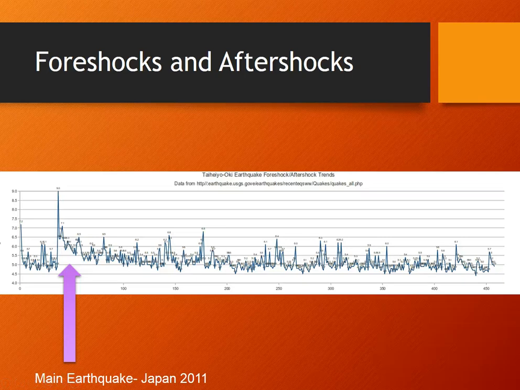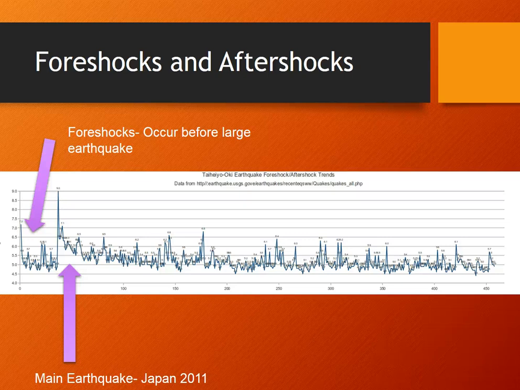But if you notice, there are earthquakes that happen right before that. These are called foreshocks. Those are little earthquakes that happen before a big earthquake. And if you've ever tried to break a stick before, like the little image in the previous slide, as it's starting to bend and before it breaks, you can hear it go kind of snap, crackle, and pop, right? Its little bits are starting to let loose. That's what these foreshocks are.